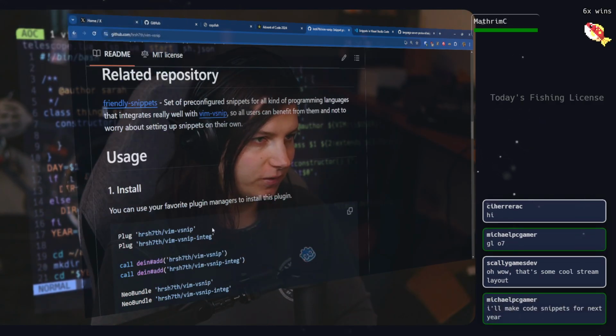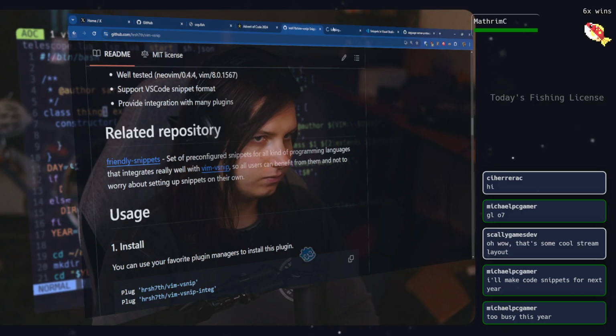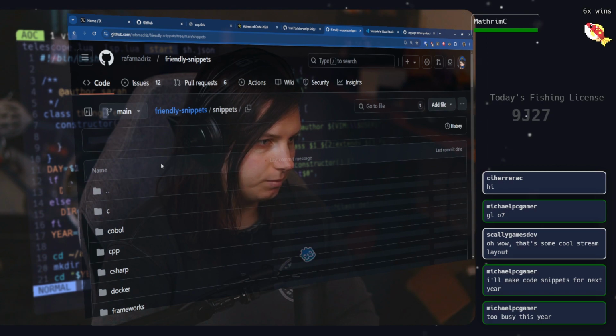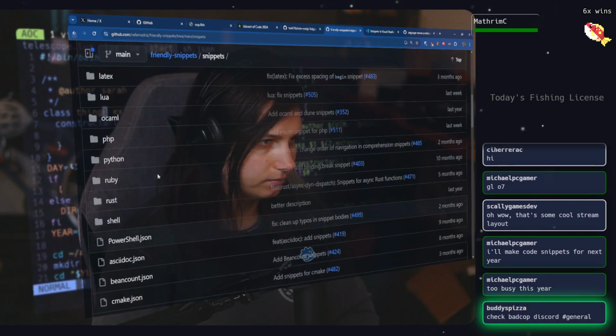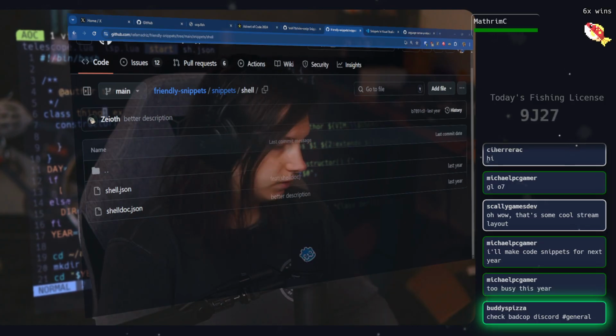I thought it was gonna crush that task. Friendly snippets. They got any bash ones in here? Shell? Check the Discord.